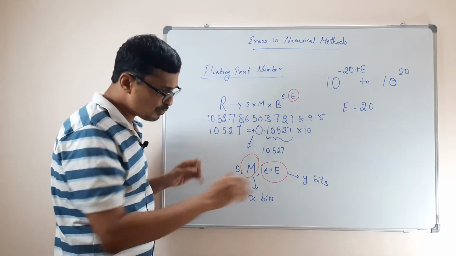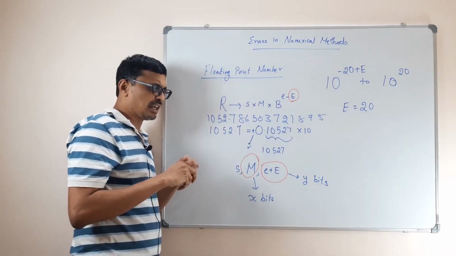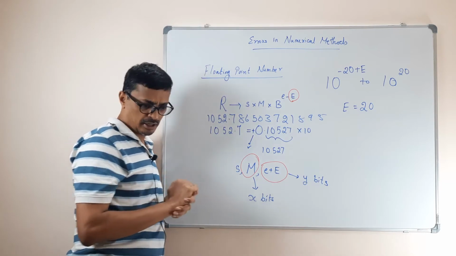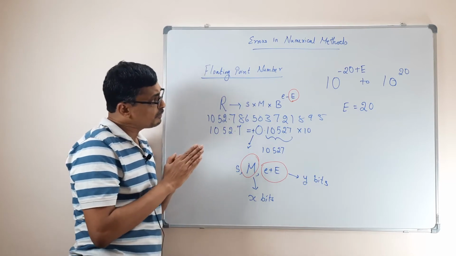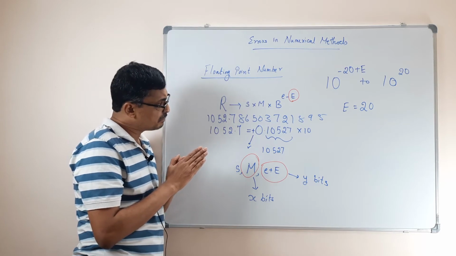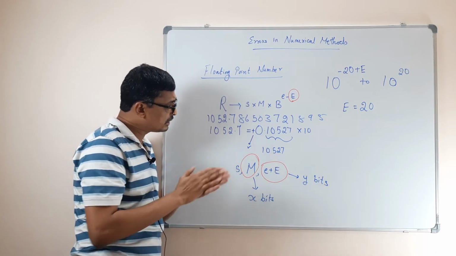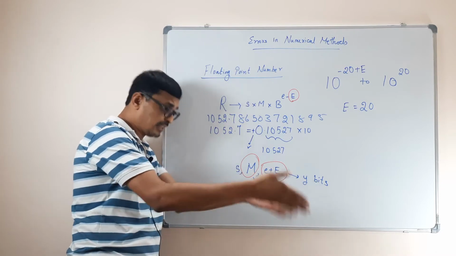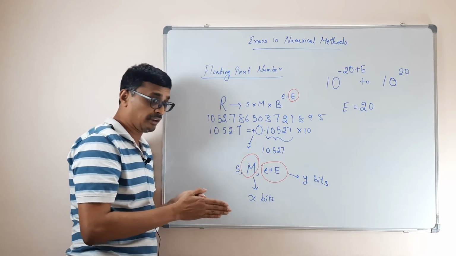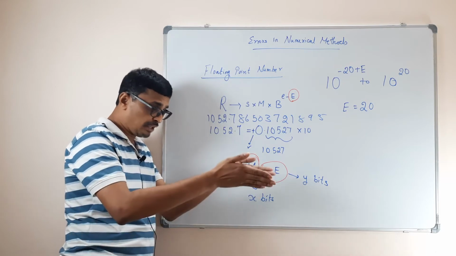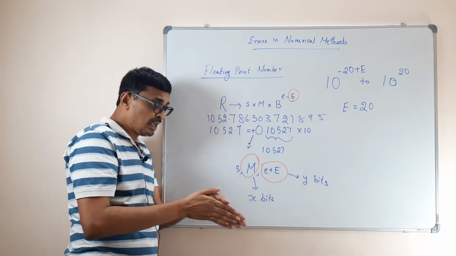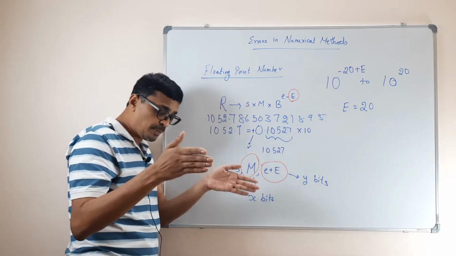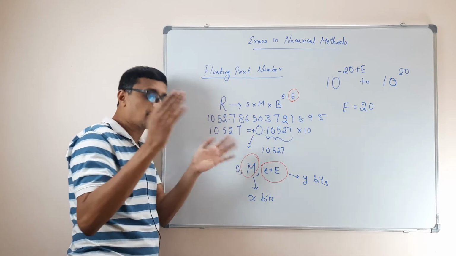So this is the way single precision and double precision are stored. Now, my claim that this computer is stupid is not justified yet, because you can see very well that for double precision I have given 11 bits for the exponent and 52 bits for the mantissa. It is quite accurate.